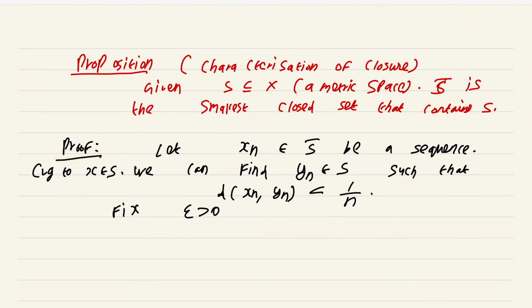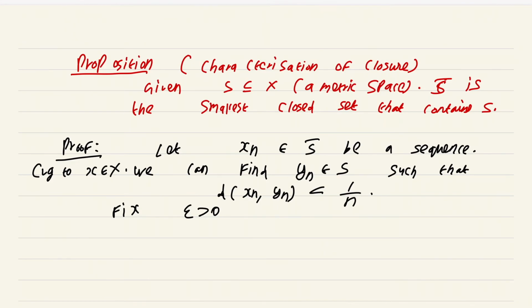Let x_n be a sequence in the closure of S that converges to a point x in X. Our goal is to show that this x is actually an element of the closure of S, which will prove that the closure of S is in fact closed.